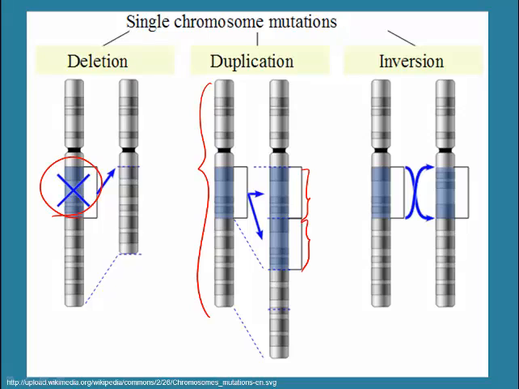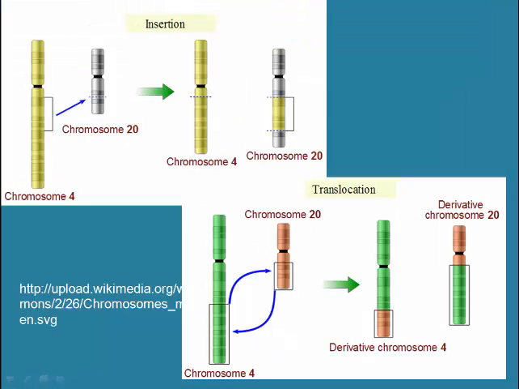During inversion, part of a chromosome breaks loose and rejoins with the ends reversed. So if we label these genes A and B, during inversion, they're actually in reverse position, and so are all the genes in between. During insertion, a portion of one chromosome gets inserted into the sequence of another chromosome.